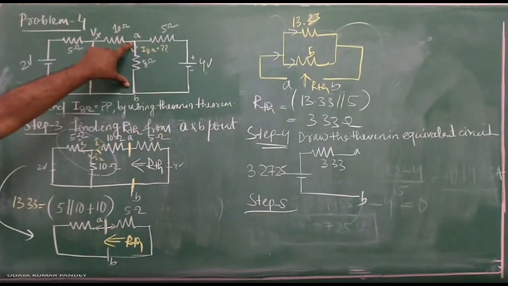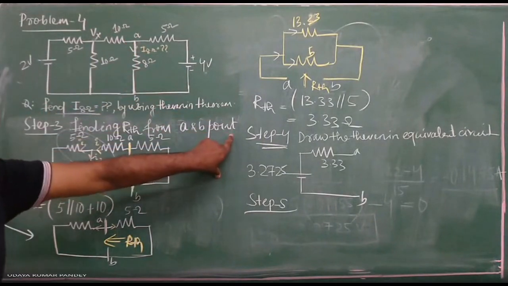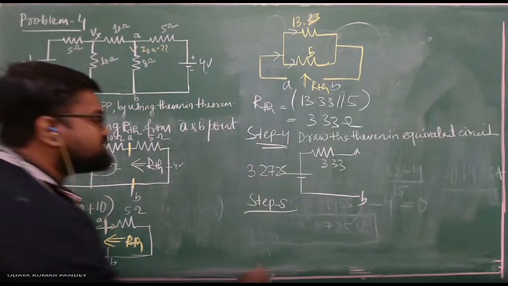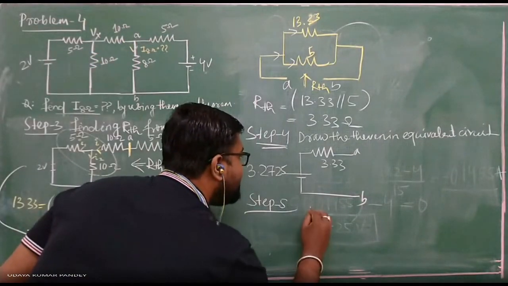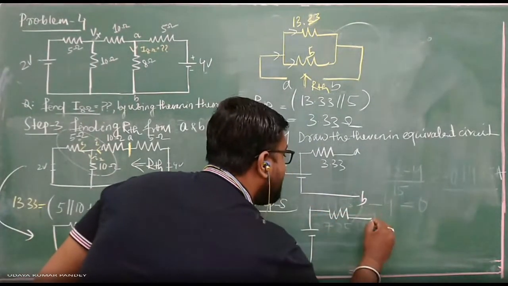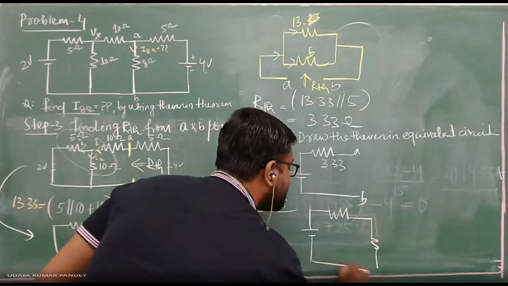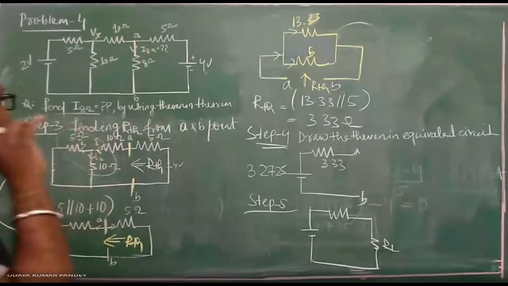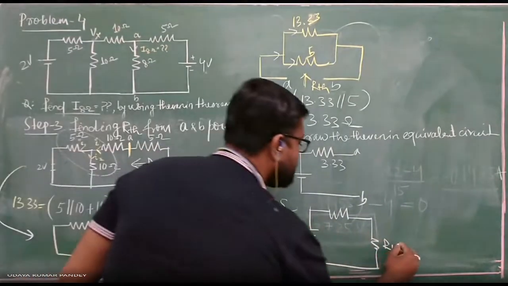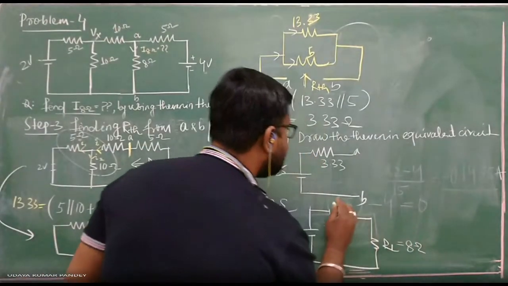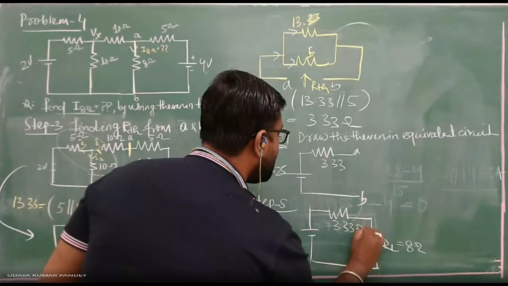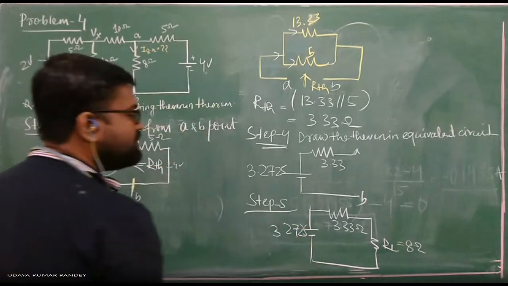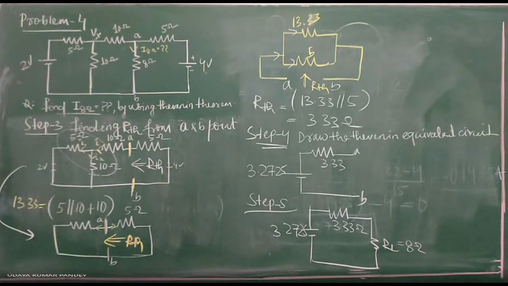After drawing the Thevenin equivalent circuit, you again connect the RL load here. This is your circuit. From A to B, I have connected another resistance, your RL, which was eliminated from the circuit at the start. That is your 8 ohm. Here I have 3.63 ohm, and your voltage is 3.2725. Is it okay?